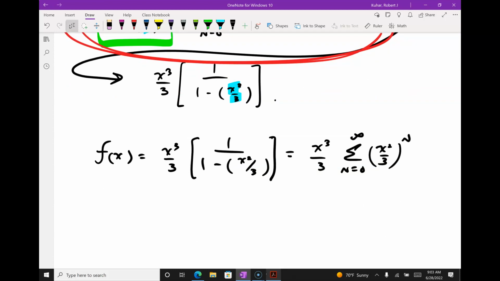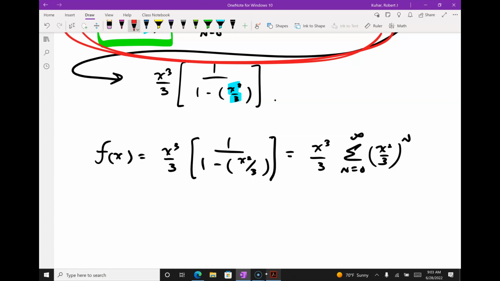It's important to realize here that my sum is dependent upon what? What is the variable controlling the sigma notation? N. So that x can be treated like a constant. It can be moved in or out of the sum. The sum is not dependent upon that, right?